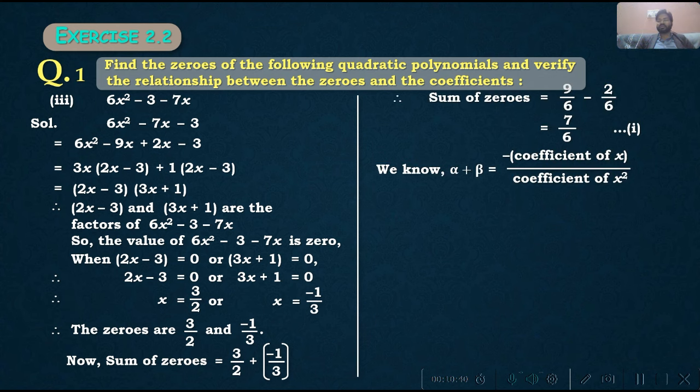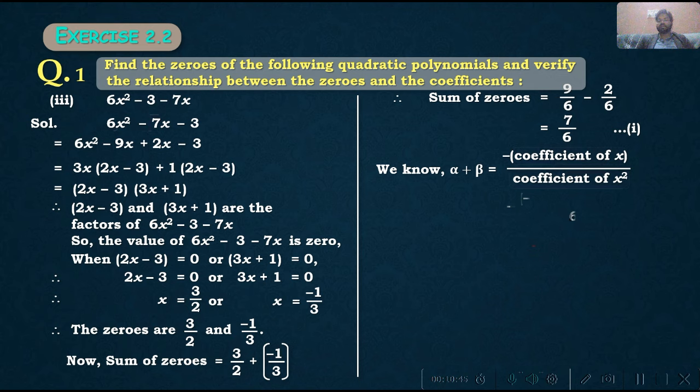The coefficient of x is minus 7, the coefficient of x square is 6. So the answer will be 7 by 6. So equation 2 is verified. Now the product of zeros, 3 by 2 into minus 1 by 3, that is, 3 cancels, so minus 1 by 2.